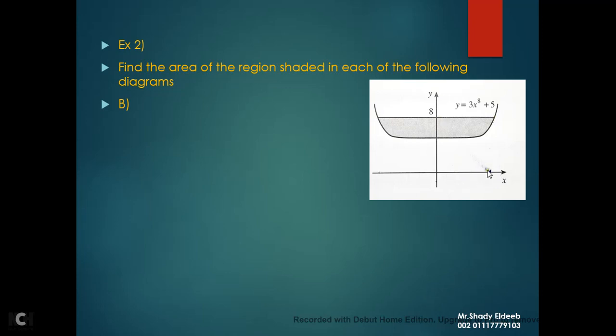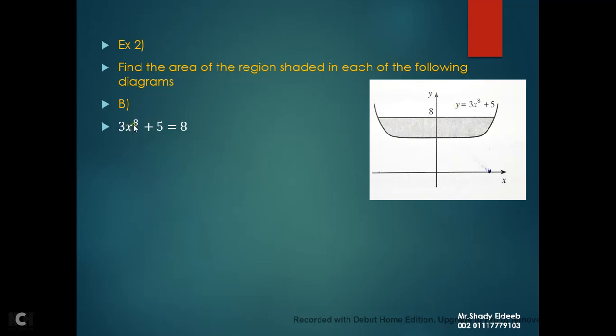What about the base of the rectangle? What about the limits of the region? How to find the limits? Look here, this point is the intersection between y equals 8 and y equals 3x power 8 plus 5, and the same for this point. To find the x coordinates, we put 8 instead of y.